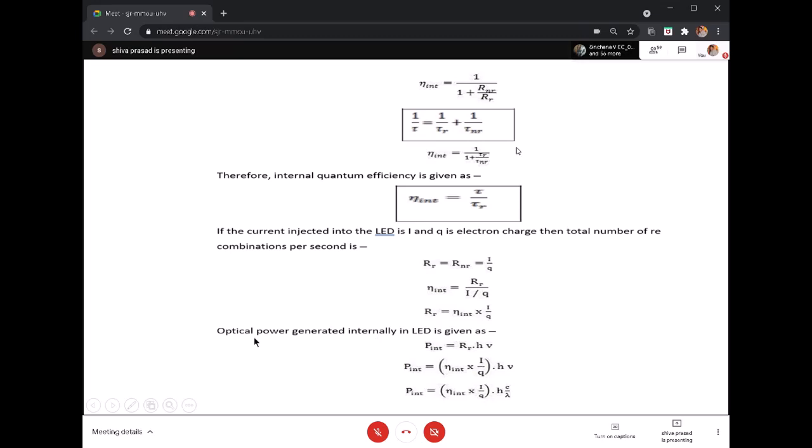The optical power generated internally in the LED is given as P internal is equal to RR into h nu.